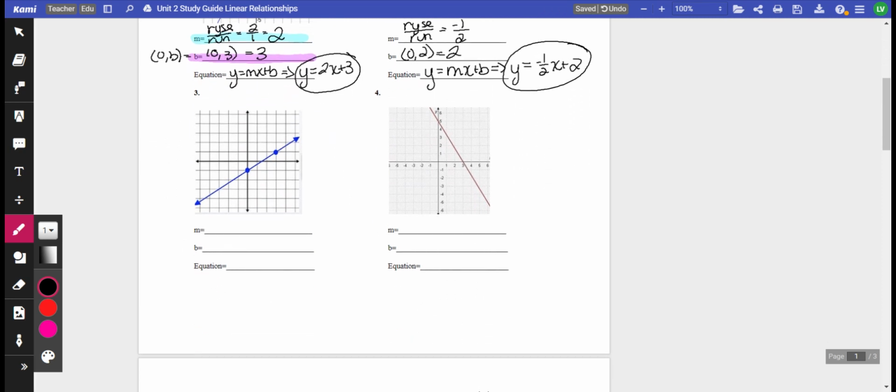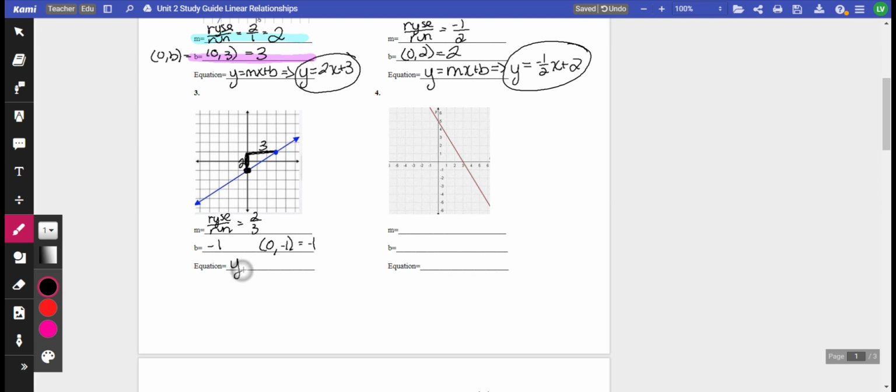Moving on to number 3. My y-intercept is at this point right here, negative 1. So I'm just going to write the point negative 1. You could have also written 0, negative 1 equals negative 1, whichever way you want. For the slope, well, I'm going up 2, and I'm going to the right 3. So my rise divided by my run, up 2 to the right 3, that means my slope is 2/3.